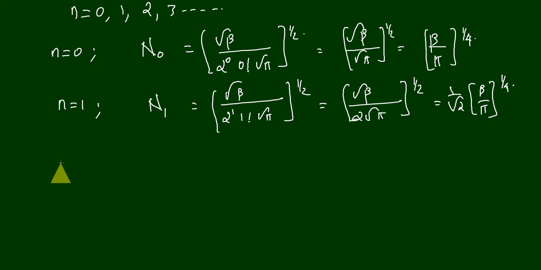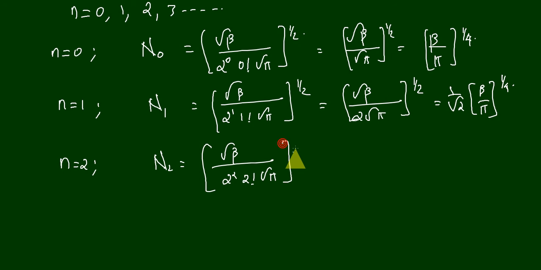And like that, for n is equal to 2, we have N2, that is equal to root beta divided by 2 raised to 2, 2 factorial root pi, the whole raised to half, that is equal to root beta divided by 2 raised to 2, that is 4, into 2 factorial. 2 factorial is 2, that is 4 into 2, that is equal to 8, right?